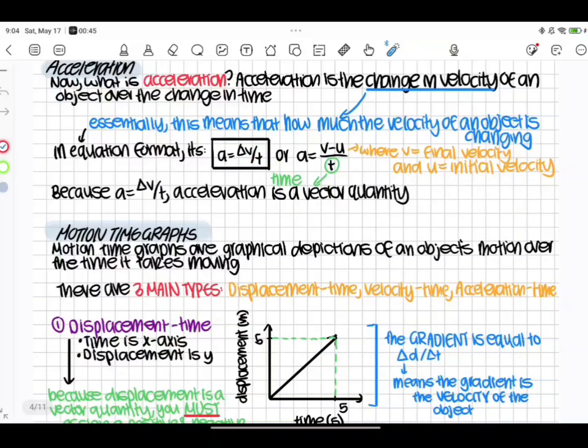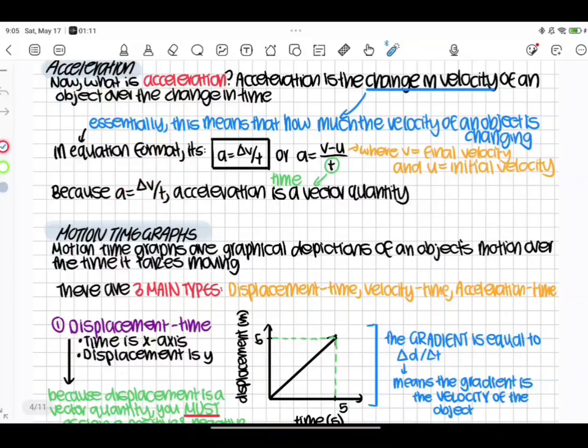Or we can also depict change in velocity as v final minus v initial. So the final velocity minus the initial velocity over time. Because a is the change of a vector quantity over a scalar quantity, acceleration is also a vector quantity.